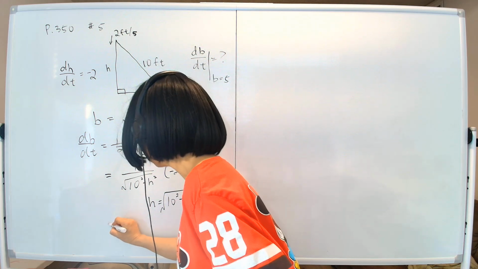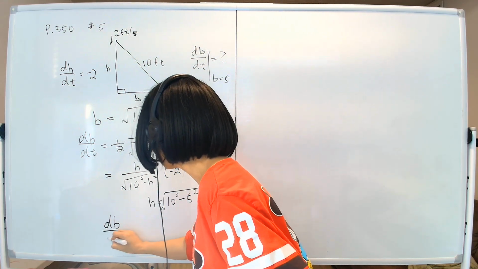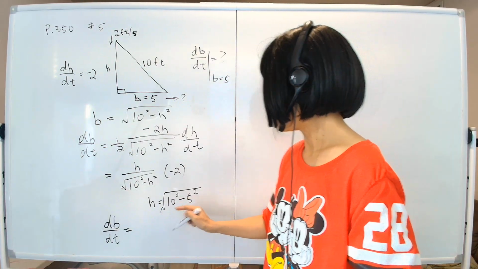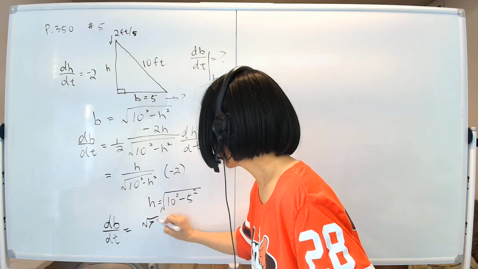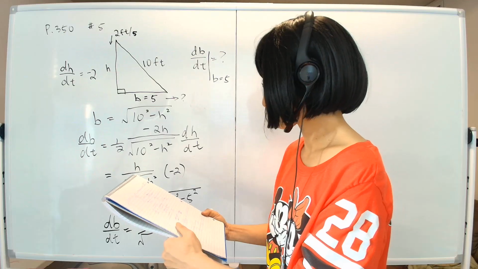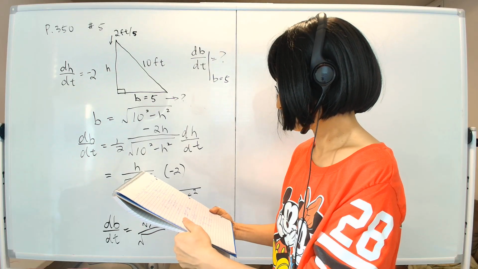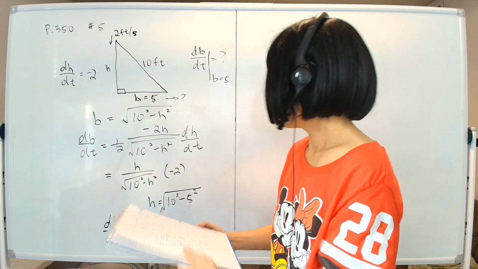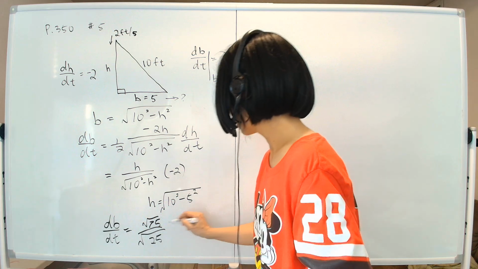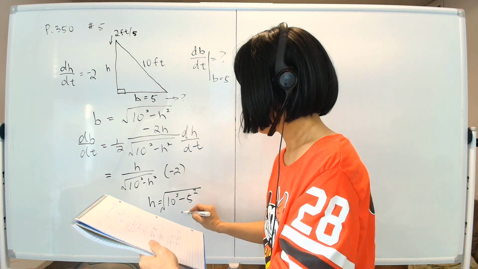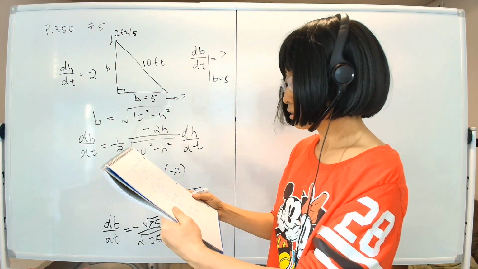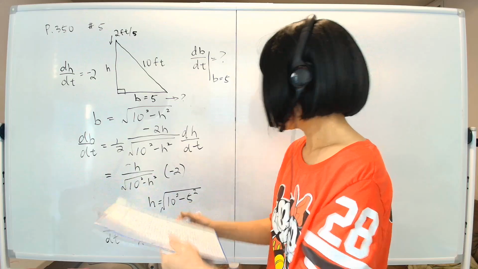So dh by dt, which is what we're looking for, is equal to 75 over the square root of 75, divided by the square root of 25, and then times, yeah, let's not forget the negative, times minus 2.